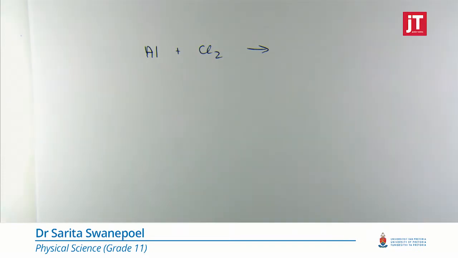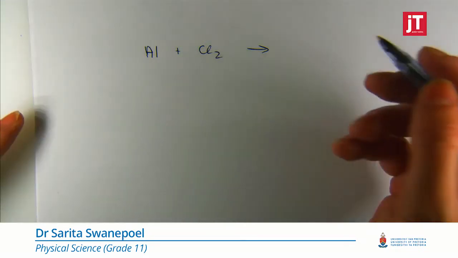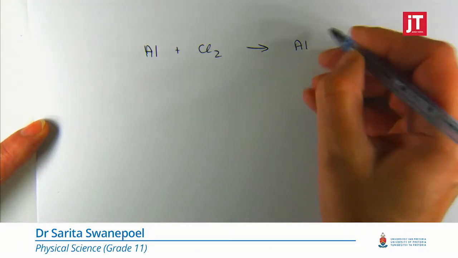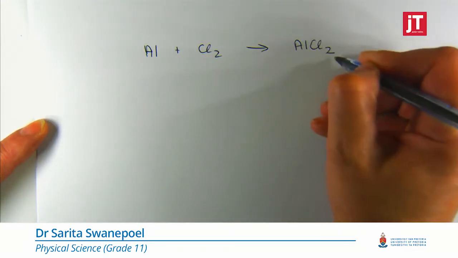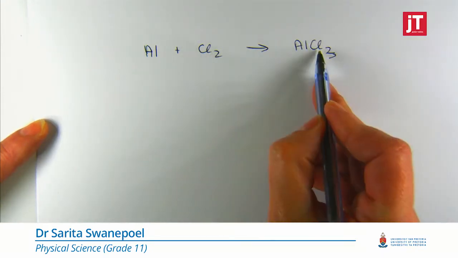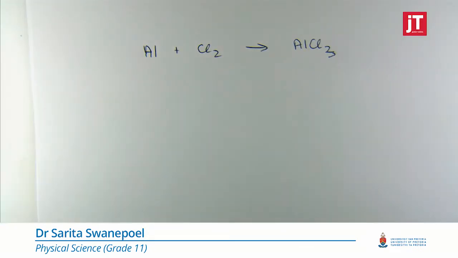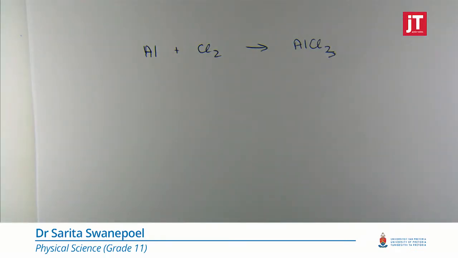What product can you get? Aluminium chloride, with aluminium being +3 and chloride being -1, so AlCl3. Three minuses for the 3+. Everyone happy?